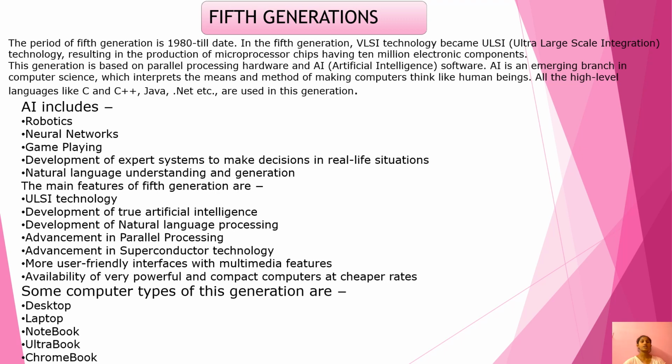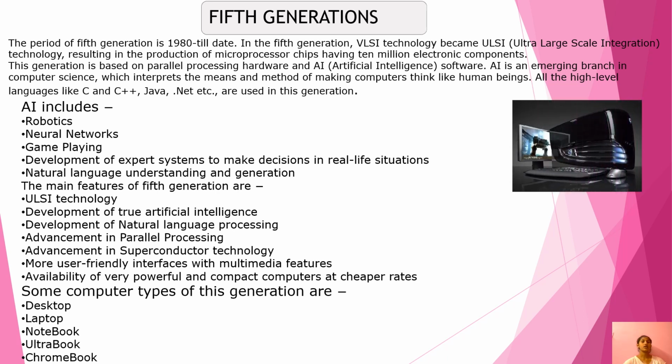AI is an emerging branch in computer science which interprets means and methods of making computers think like human beings. All the high-level languages like C, C++, Java, .NET, etc. are used in this generation.